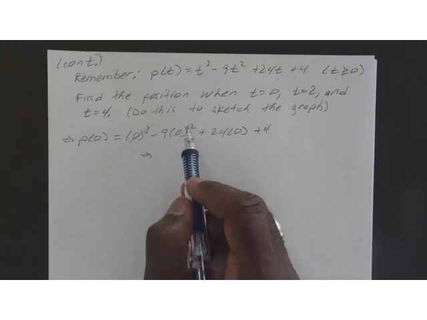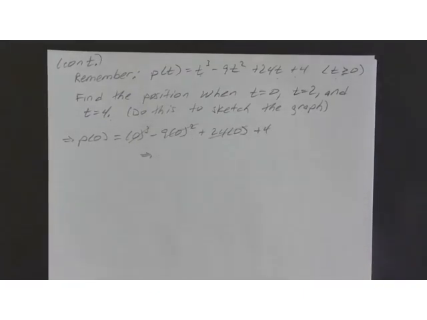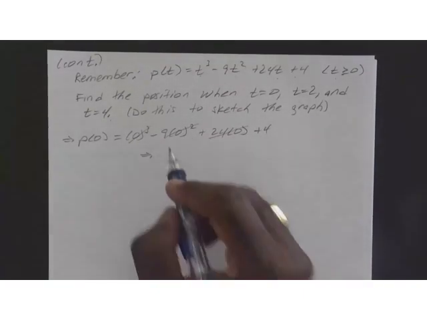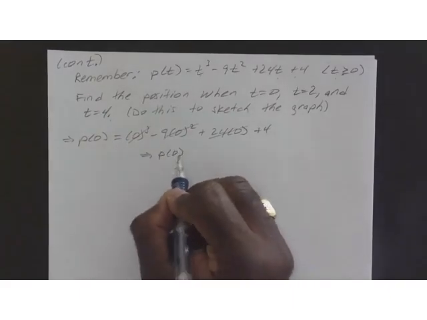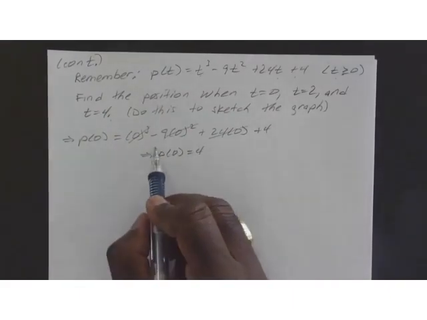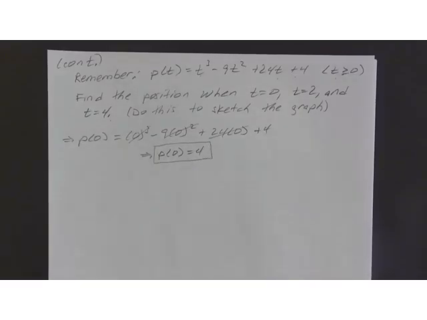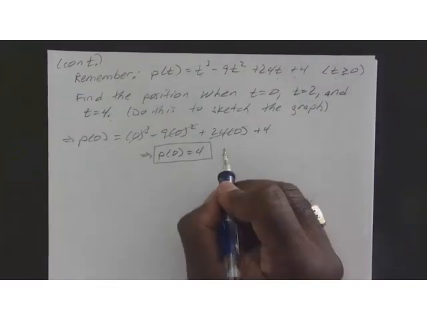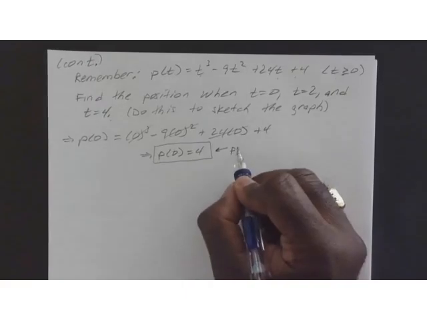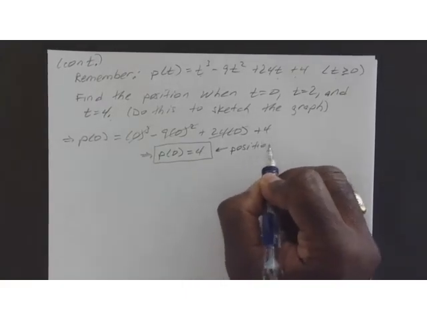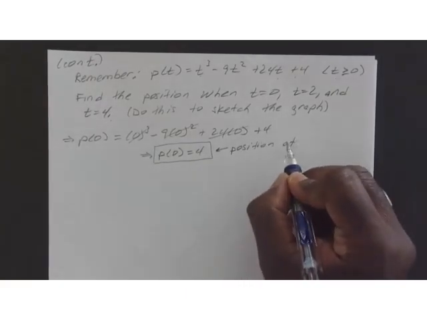Okay, so we know 0, 0, and 0, those all cancel out. So we're left with just the plus 4. So P of 0 is equal to 4. So this is our position at t equals 0.